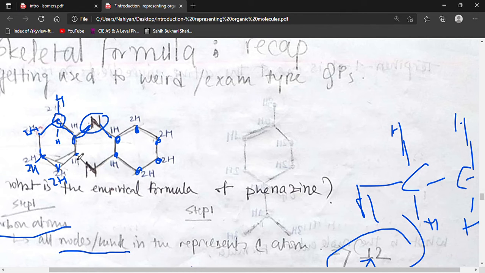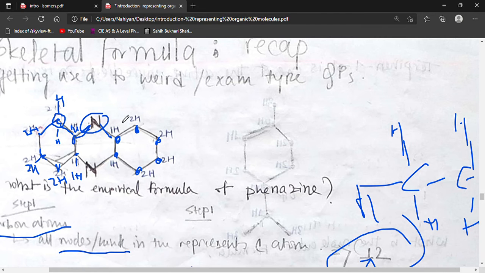Moving to this carbon, this corner or kink, whatever you say, it has three bonds going away, meaning it is connected to three other carbon atoms or three other groups, so it has one bond left and can bond with one hydrogen. This one also has three bonds, so it can have one hydrogen.